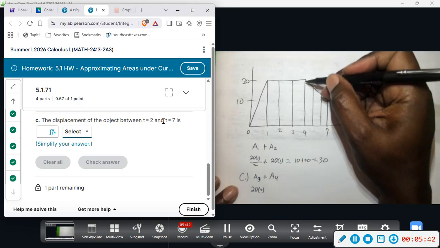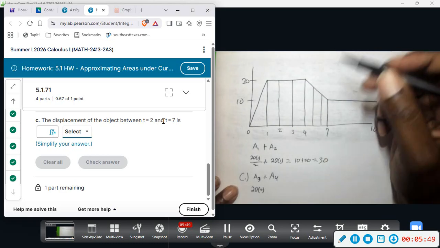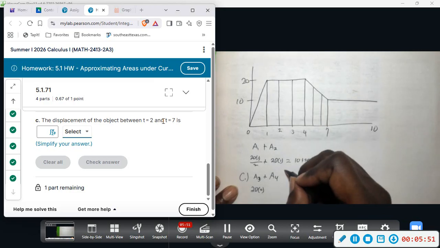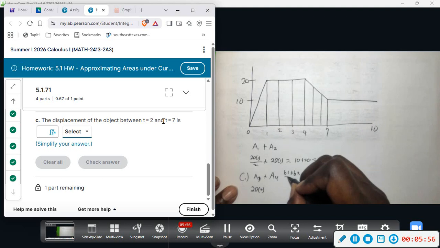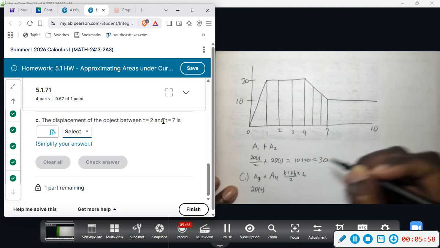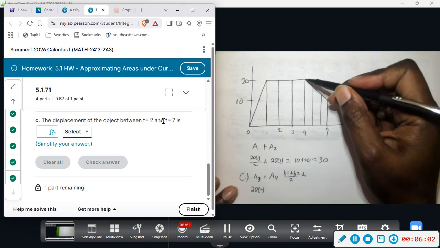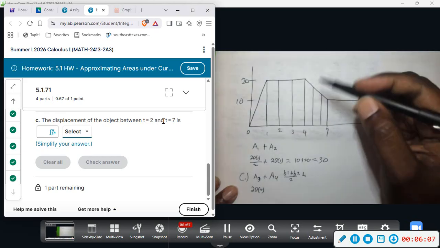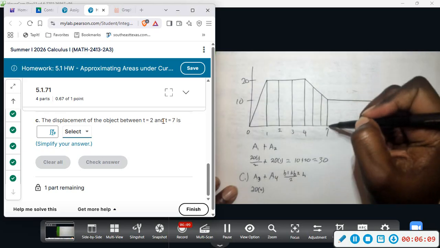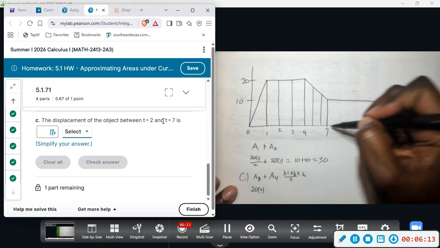And then the second area, from 4 to 7, looks like a trapezoid shape. Area of a trapezoid is base 1 plus base 2 divided by 2 times the height. This height is 20 and this height is 10, and the distance 4 to 7 will be our height, which is 3.